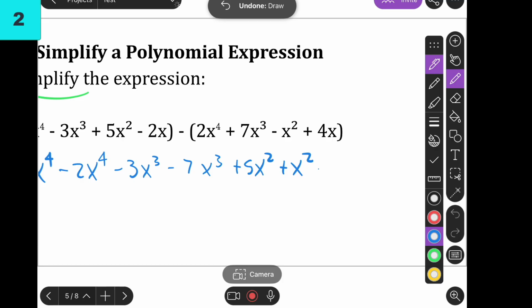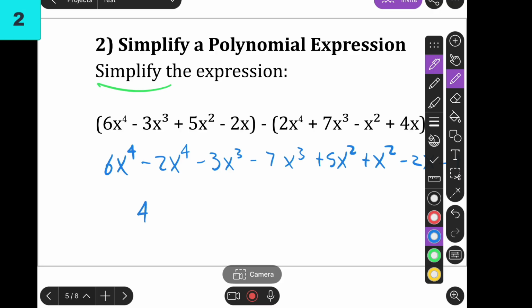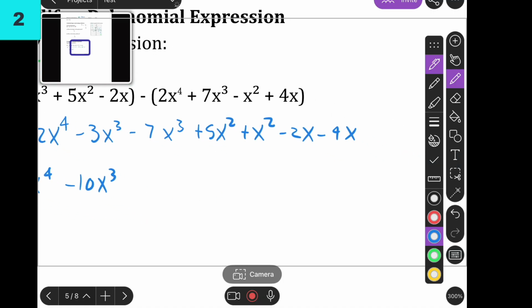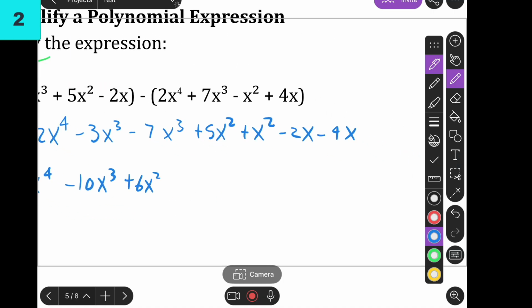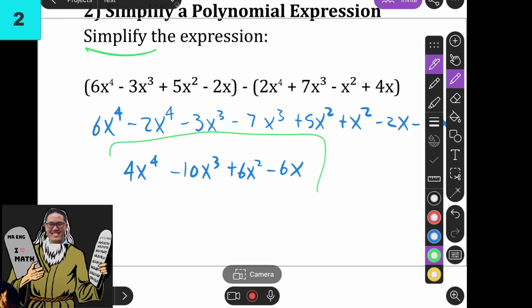And then lastly, I have -2x subtract 4x. Combining like terms, I end up getting 4x to the power of 4 minus 10x cubed plus 6x squared minus 6x. And there's nothing else for me to combine, so this is my final answer.